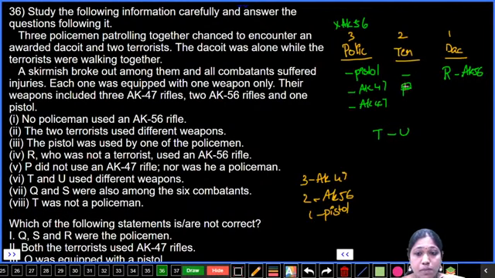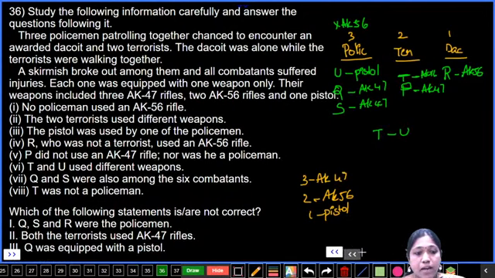T is not a policeman, so T will be a terrorist. So here comes the T. T and U are using different weapons, so U will have the pistol. T will be using AK-56. And here comes AK-47. So the remaining persons are Q and S, which is mentioned in the 7th point. Q and S were also among the 6 combatants.